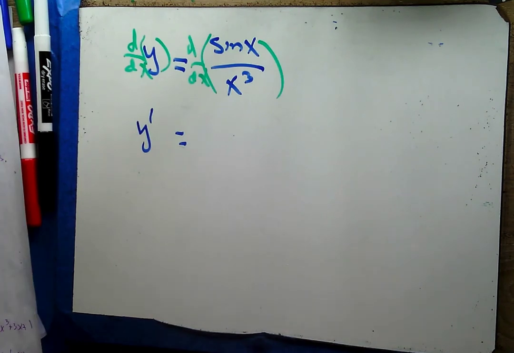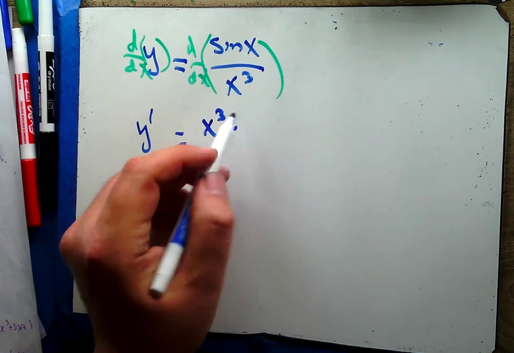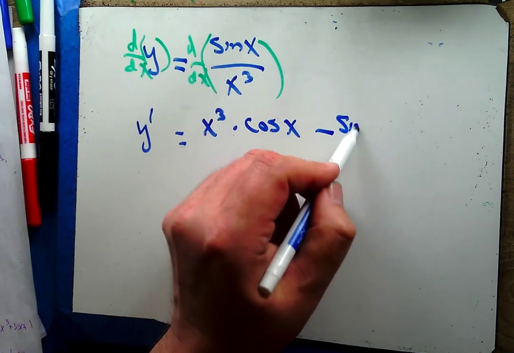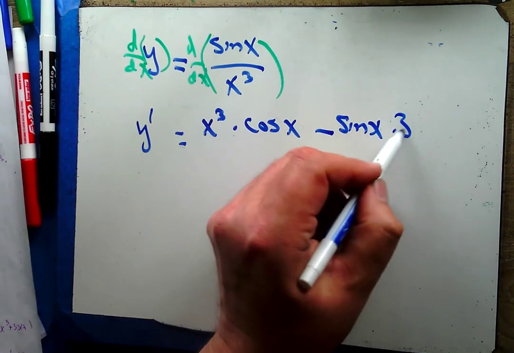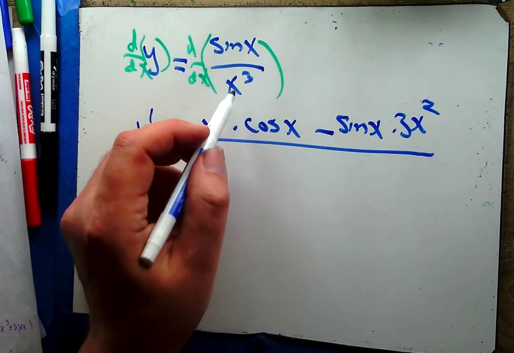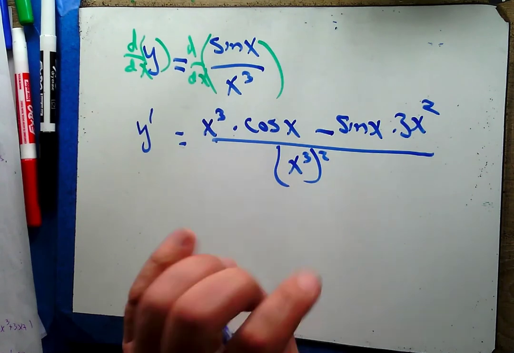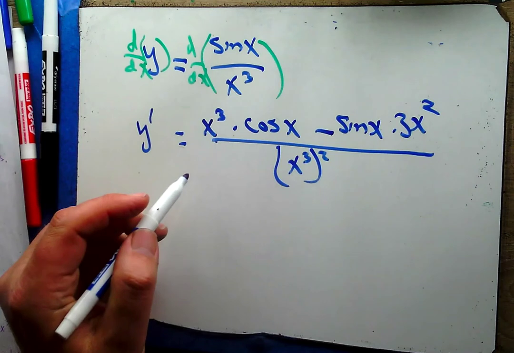Well, Deb Gray says, lo, d high, the derivative of sine is cosine, minus high, sine x, d low, the derivative of this with our power rule is 3x squared, all over low squared. Hey, you know what a lot of people forget to do? They forget to square the low, or sometimes they just forget the whole denominator.